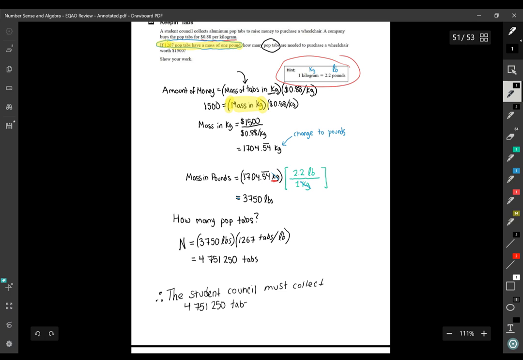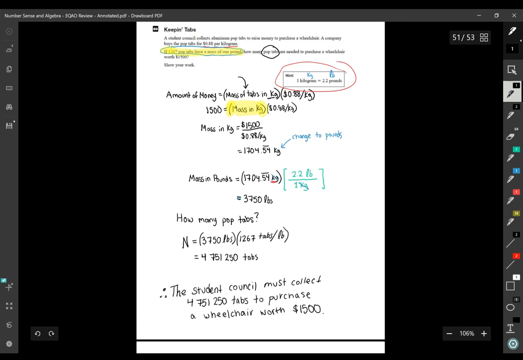They have to collect that many tabs from pop bottles to be able to purchase a wheelchair worth $1,500. So that is a lot of pop tabs. Okay. So that was a pretty challenging question because we had to do a bit of converting, but hopefully you were able to follow along with my solution.